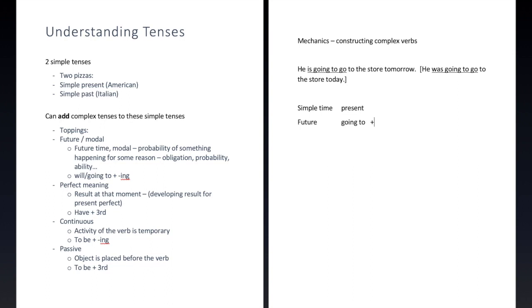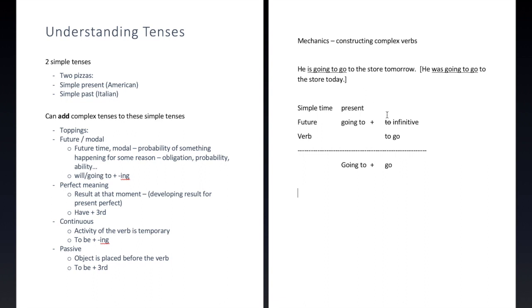Going to plus, and this is going to be the infinitive without to. All right, and then if we add these together, we get our total verb construction, which is going to plus the infinitive without to of to go, right? Going to go, and that's what we would have.